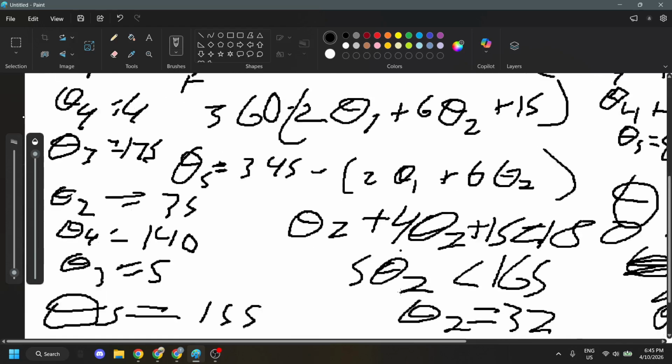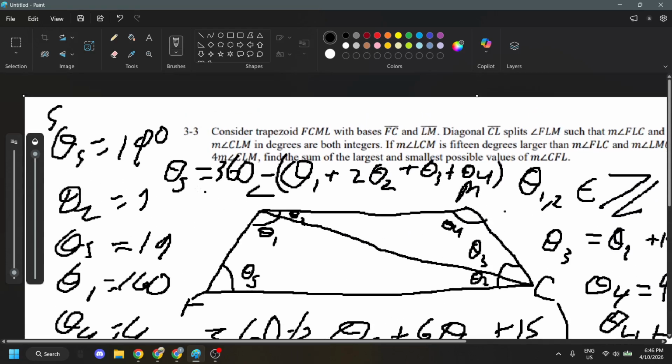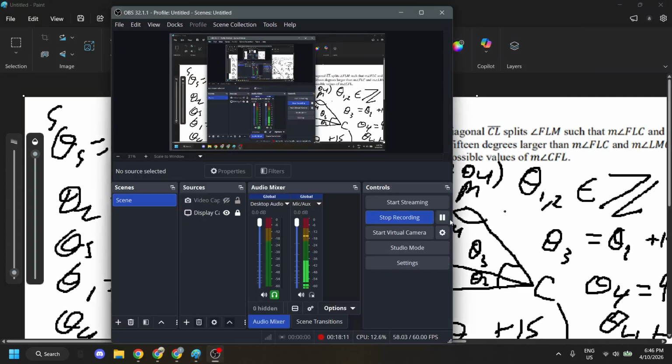That makes this 128 plus 15, which is 138 plus 5, which is 143. 143 plus 19 should be 162. Let me check. That is correct.